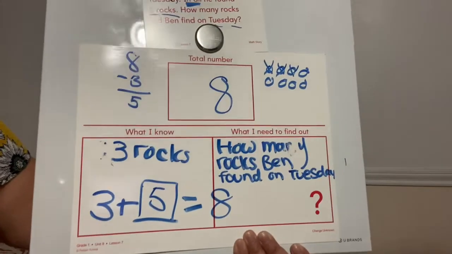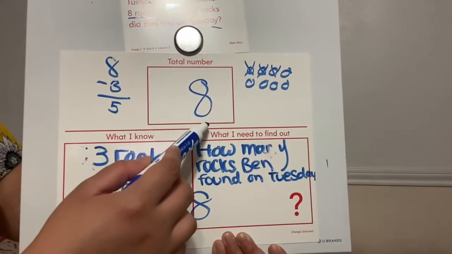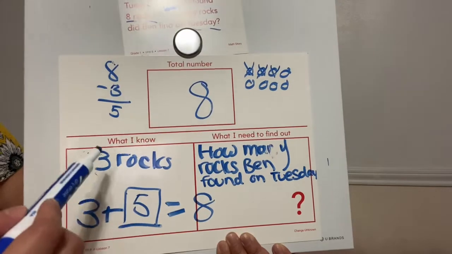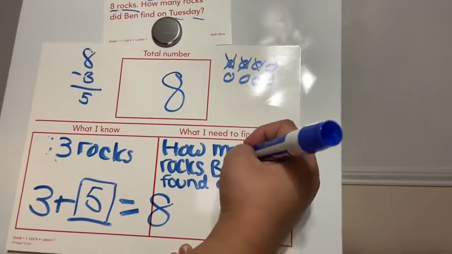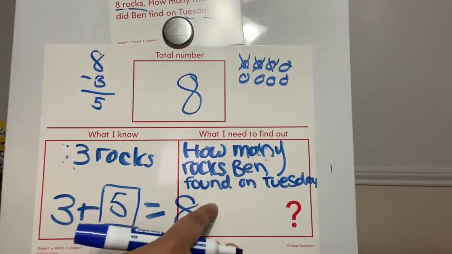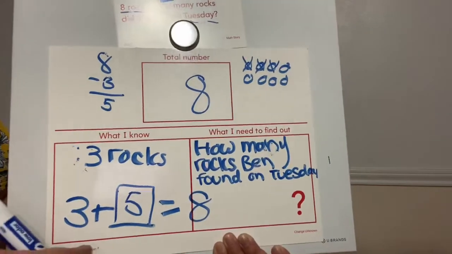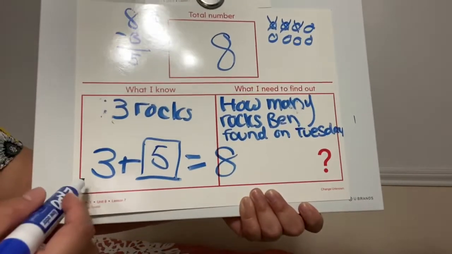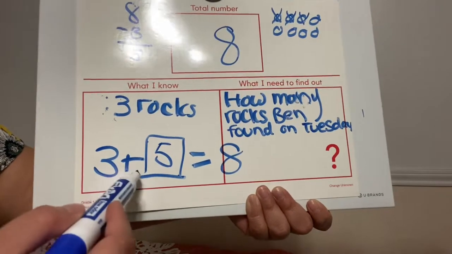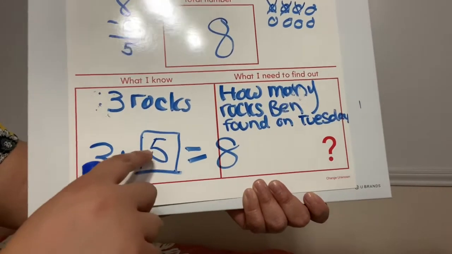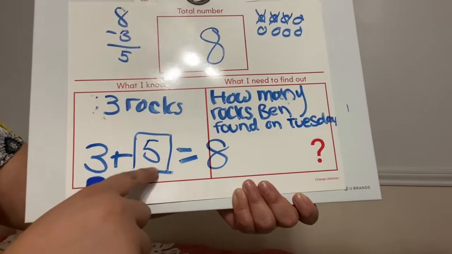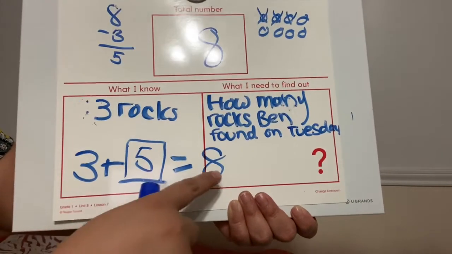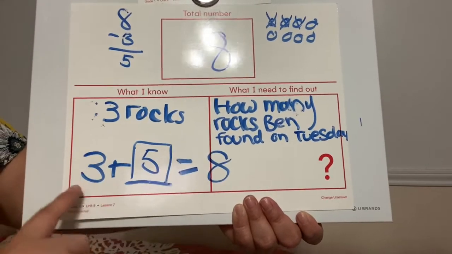Now, the question asks, how many rocks did Ben find on Tuesday? Because we only knew the total number and that he had already found 3 rocks, we needed to find out how many rocks Ben found on Tuesday. In order to do that, I wrote a number sentence. I wrote 3 plus blank, because remember at first we didn't know that number, equals 8. In order to figure this number out, I did the total minus 3.